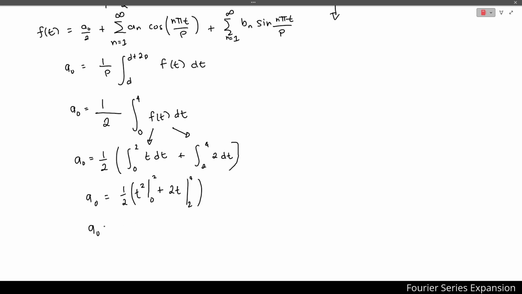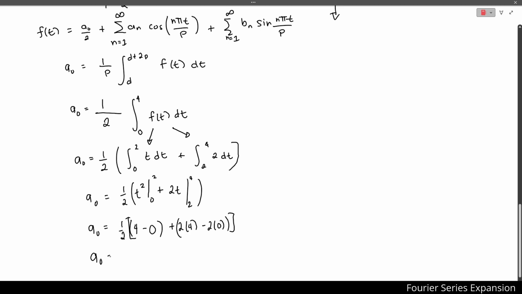So a naught here is equal to 1 half of 2 minus 0, plus 2 times 4 minus 2 times 2.